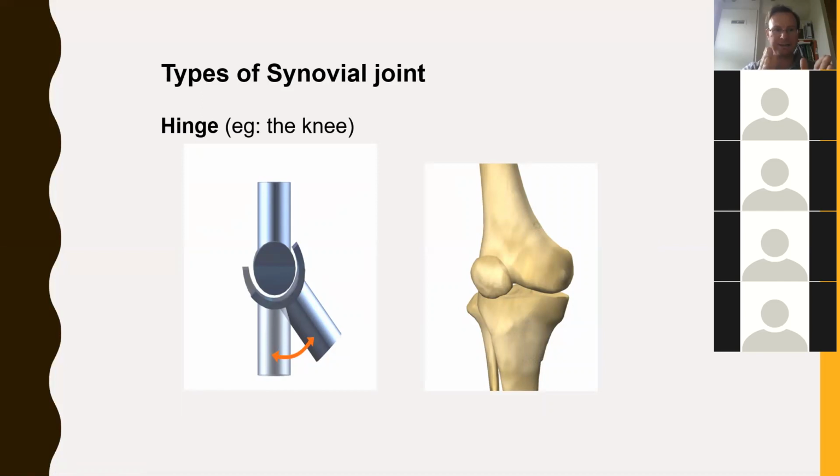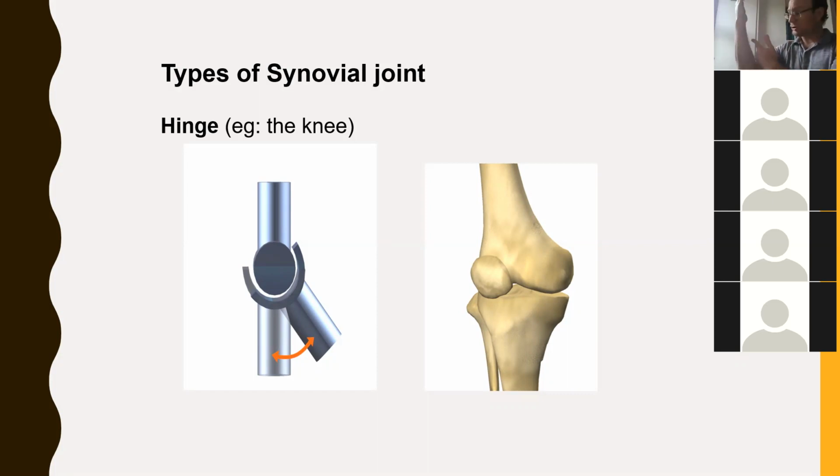So a classic hinge allows movement in one plane. So in something like, let's say, my elbow, for example, I've got my humerus and I've got my ulna. So where I have very pure movement, I'm narrowing the angle there. We call that flexion. In the other direction, we call that extension.